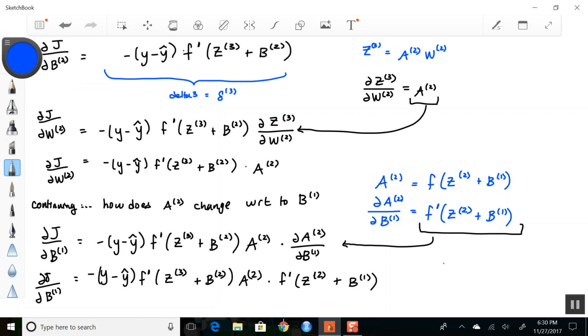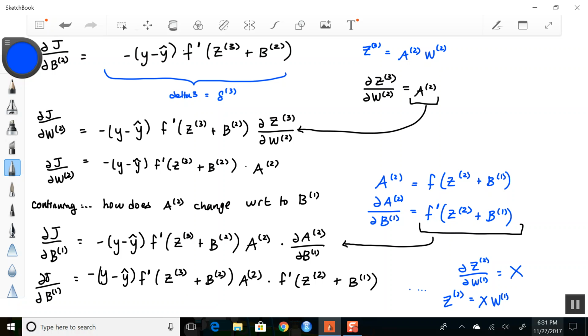Keep in mind that Z2 is just X times the first weight matrix. So this is just going to become X. And that's what we will have there.